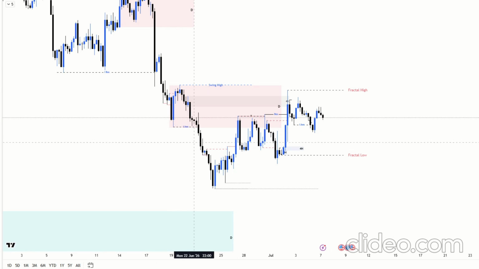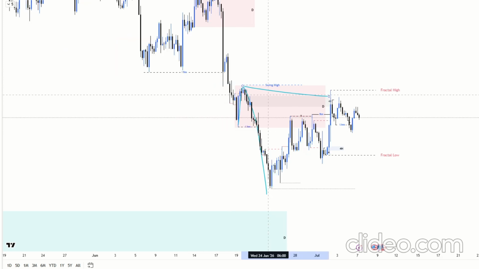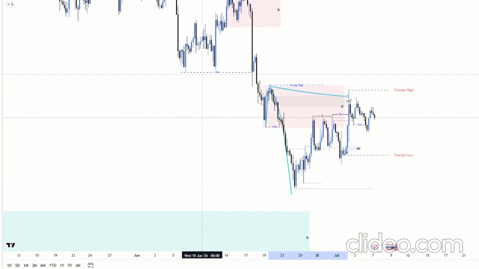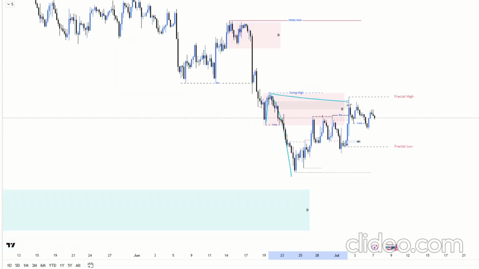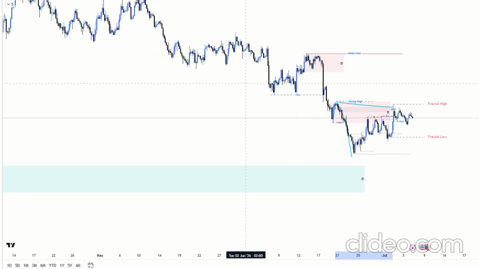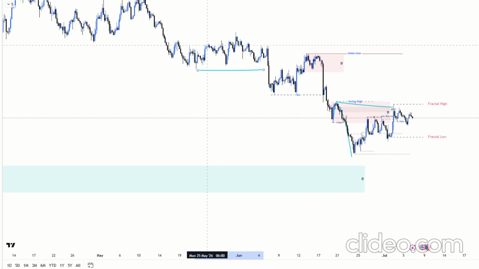sometimes some of you may be aggressive and say there was a change of character here, but for me, I'm using these as my current swing. I know it's just the internal, because we have been having constant break of structures. Depends on how you mark your structures. We have a break of structure, change of character, and so this was a valid, strong low.